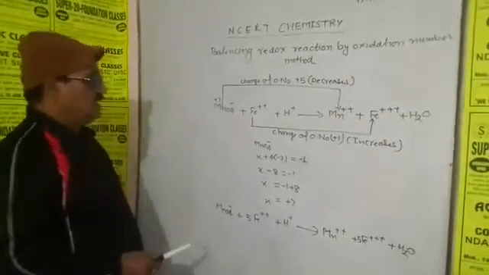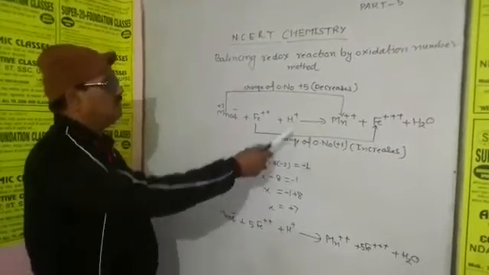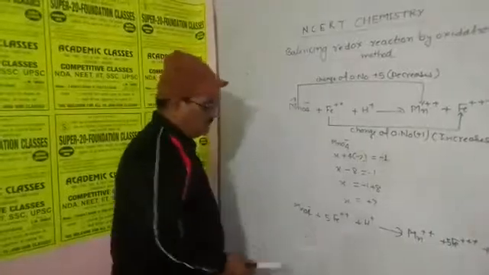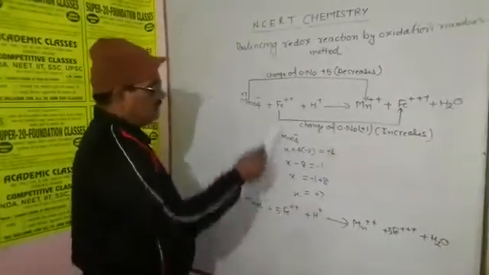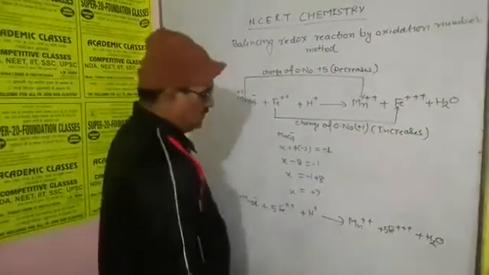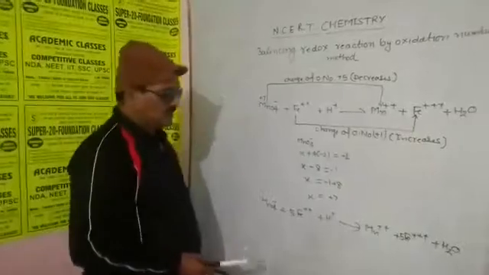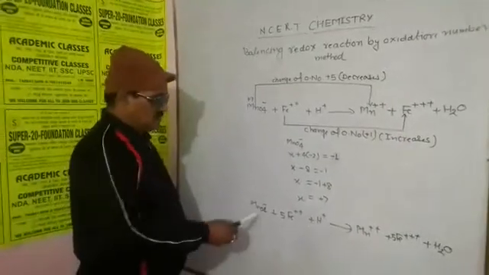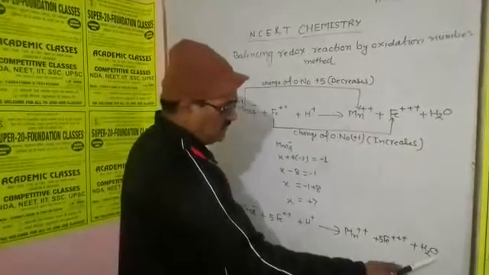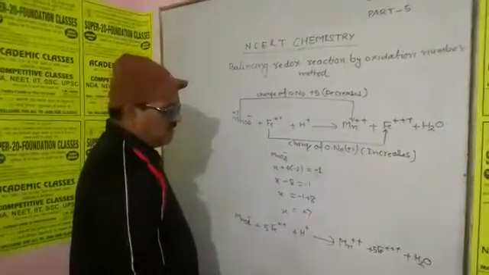Then you multiply 5 with the iron here, and 1 with the MnO4 negative and Mn here, so you get 5 Fe double plus and 5 Fe triple plus. But comparing both sides, the oxygen is not balanced. Here there are 4 oxygen, and here only 1 oxygen, and hydrogen is also not balanced here.